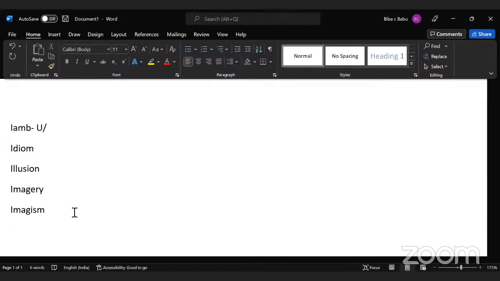The poets of imagism are called imagists. Some of the famous American imagists are Ezra Pound, William Carlos Williams, Amy Lowell, and Hilda Doolittle. You will study about imagism when you study poetry in detail.